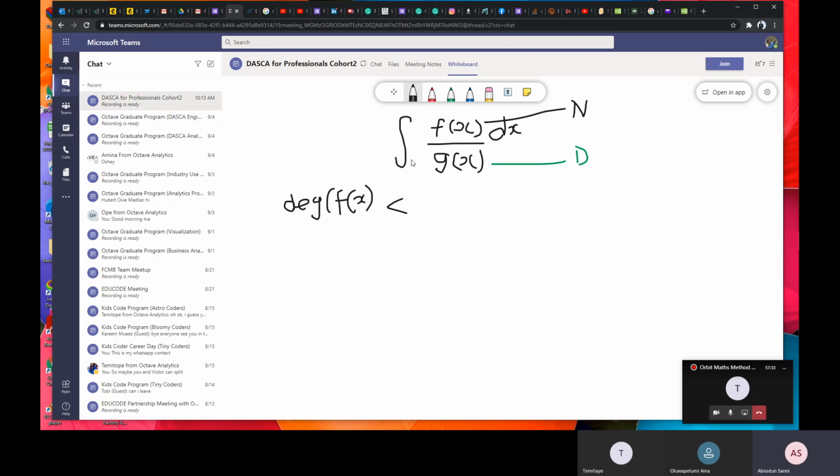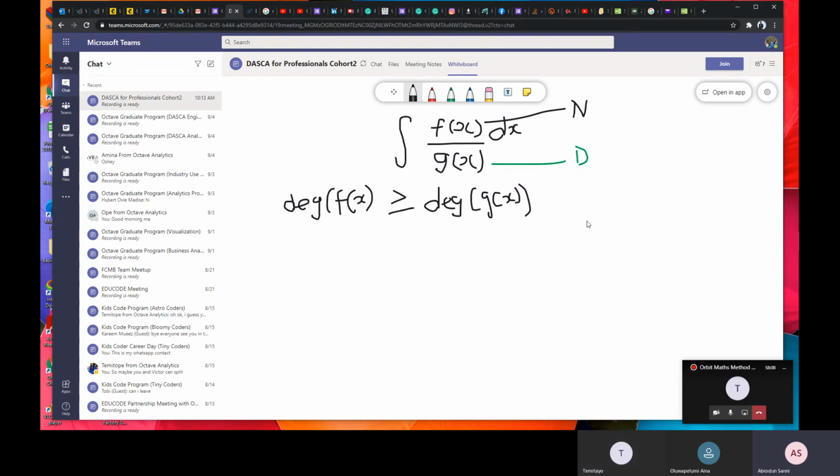If the degree of f of x is greater than or equal to the degree of g of x, then the first thing you're going to consider about this integration is to take long division.